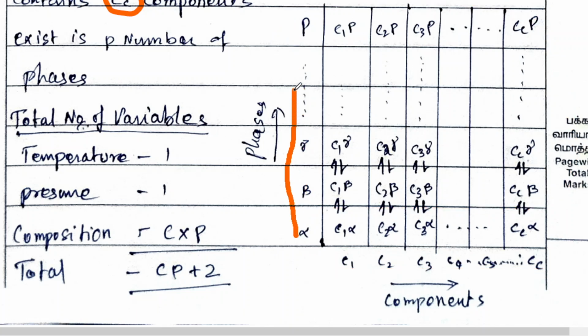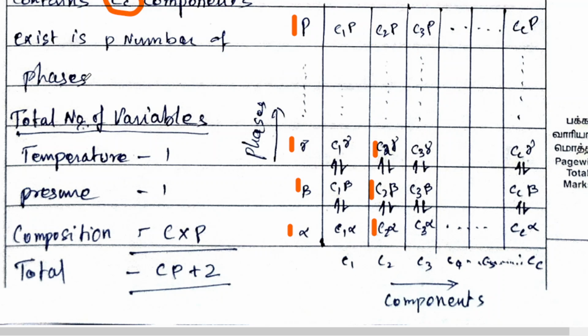For example, the component exists in alpha phase, and it may exist in beta phase, it may exist in gamma phase, etc., up to P number of phases. Similarly, component 2 may exist in alpha phase, beta phase, gamma phase, up to P phases. Similarly, and this is the system we consider for the derivation of Gibbs phase rule.